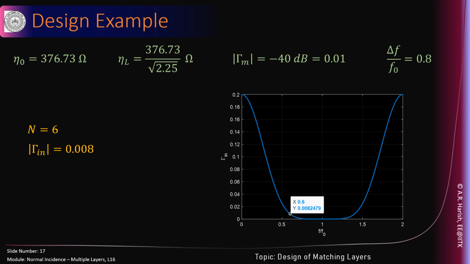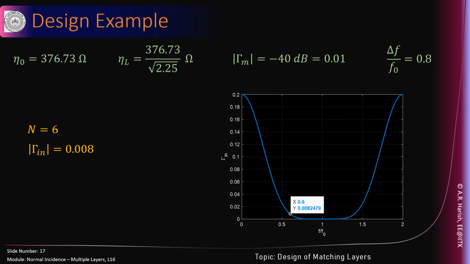What is very interesting in this design is over the delta f by f naught, the reflection coefficient has a behavior known as maximally flat. That means the worst value of reflection coefficient happens at the band edge.